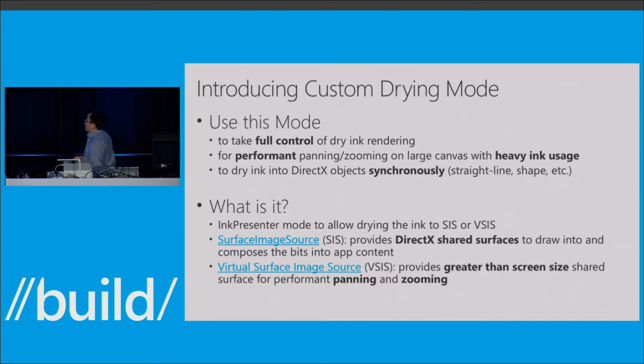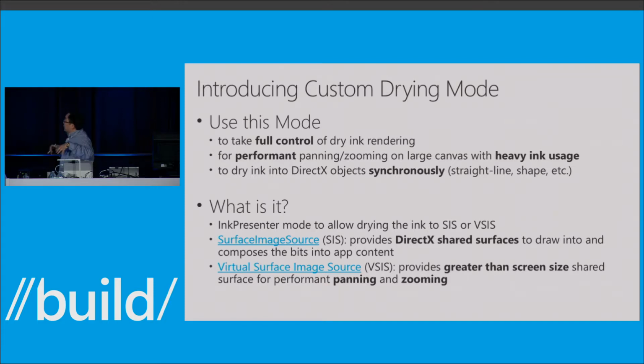So what is custom drawing mode? It's a mode of ink presenter that allows you to dry the ink to your DirectX surface. In Windows 10, there are two types of surfaces supported. One is called surface image source, and another is called virtual surface image source, and we refer to them as SIS or VSIS.